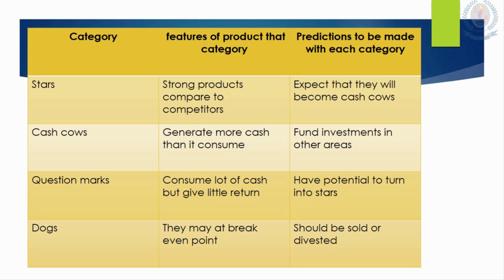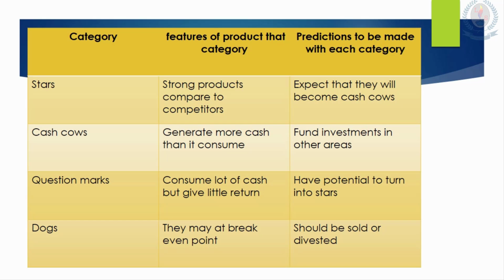Especially in large-scale companies, we can identify that there are different product lines. For example, consider the Samsung company. They are providing different products for the marketplace. For example, they provide smartphones, cameras, TVs, refrigerators. Likewise, they provide so many products.